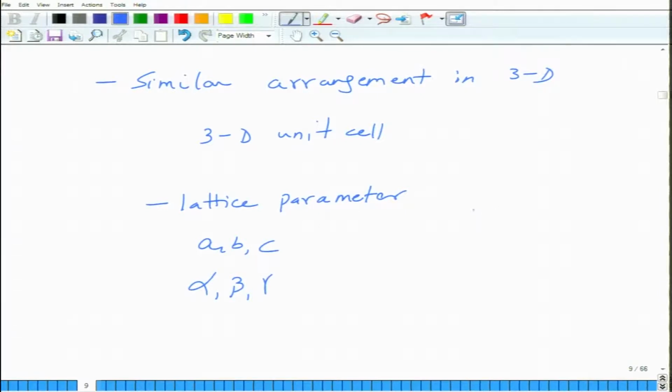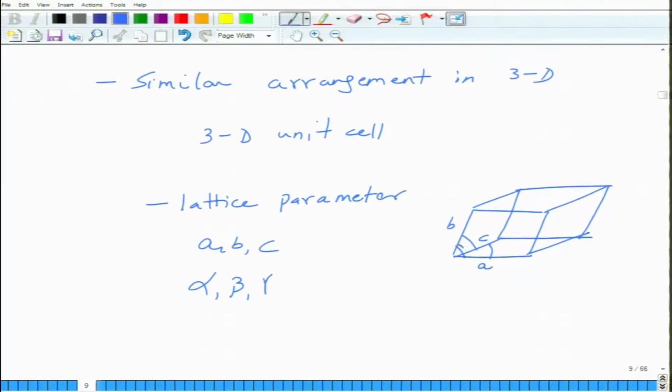So, basically it will look something like that, a parallelepiped. Right, A, B, C, and the angles: this is the first angle, this is another angle and this is another angle. These are three angles. So, between A and B you will have gamma, between B and C you will have alpha and the beta. So, if this is a periodic structure, this will be a 3D unit cell of a material.